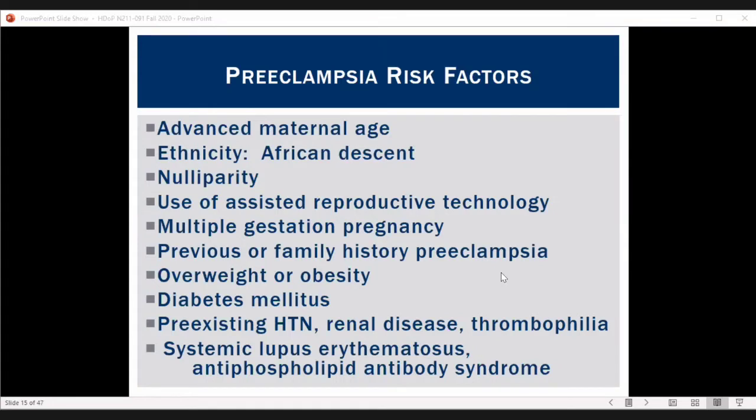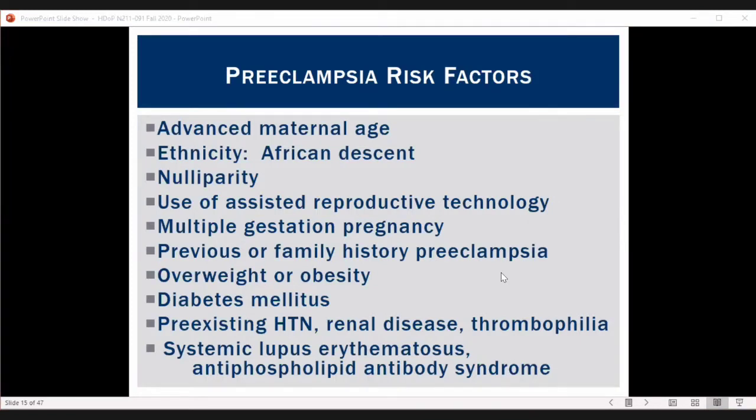Moms who use assisted reproductive technology, so in vitro fertilization and those types of processes, are more at risk for preeclampsia. Multi-gestational, twins, triplets, quads, and so on, and moms who have high BMIs. Typically, we see this a little bit more in moms with BMIs above 30.